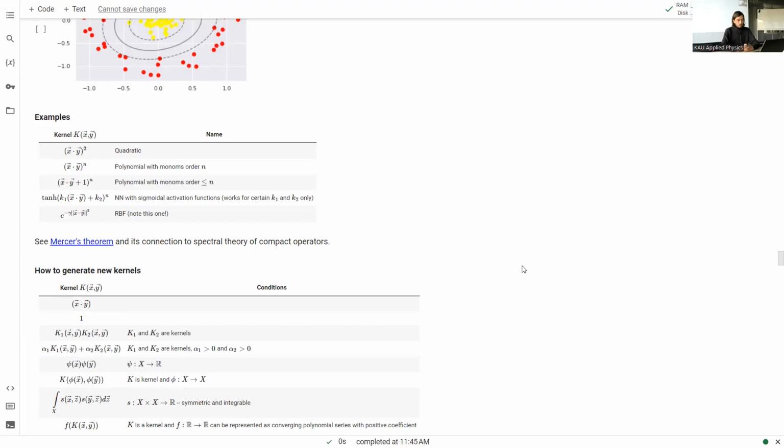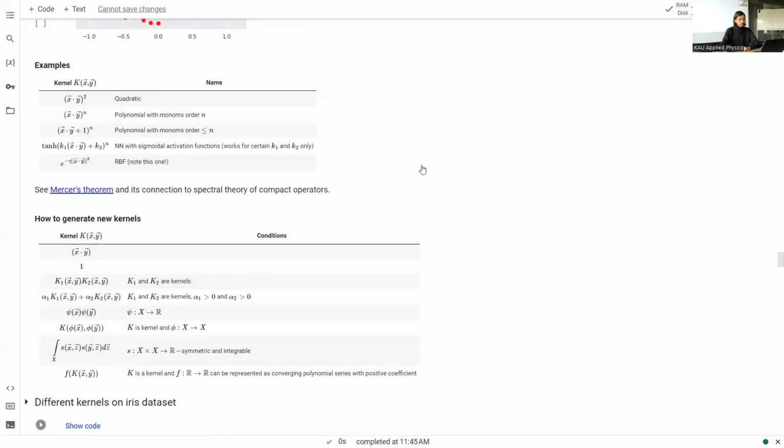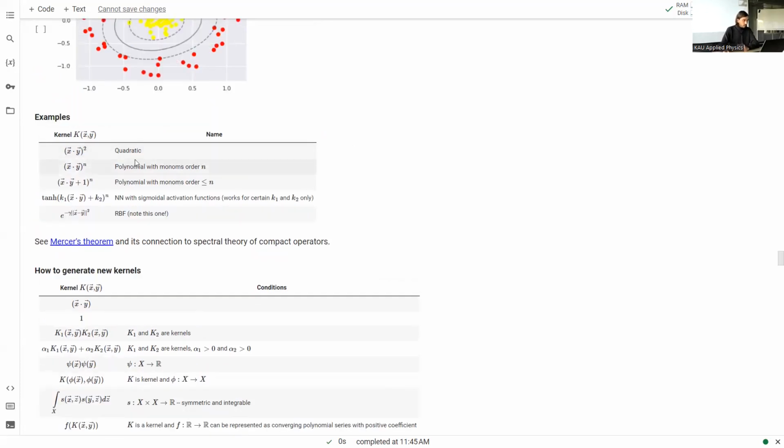Instead, I will show you a few exemplary kernels that are often used in practice, and a few methods to get new kernels from old kernels. For practice, that should be more than enough. Or you might get into the spectral theory of compact operators. That may be even better.